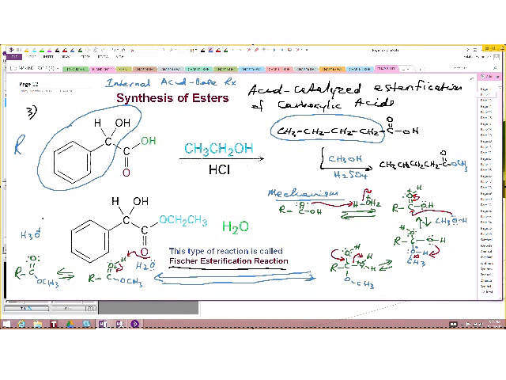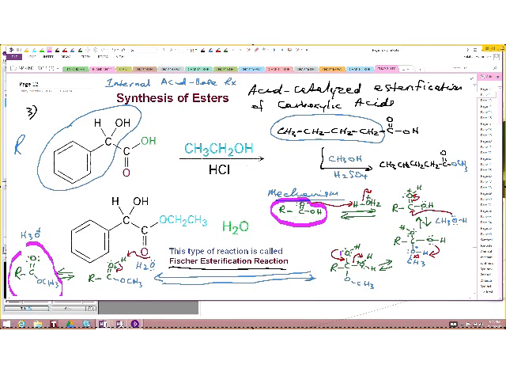Now, if you also notice here, just as Kiara told us earlier, if I gave you an ester and asked you to give me the mechanism from ester to carboxylic acid, which is going from here to here, you notice this is the reverse, the hydrolysis of an ester to carboxylic acid.